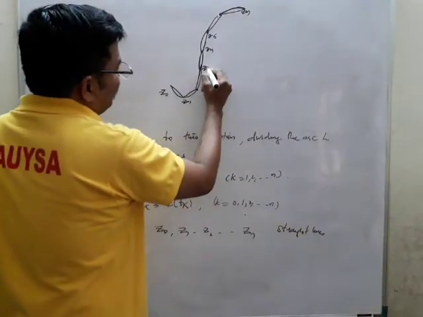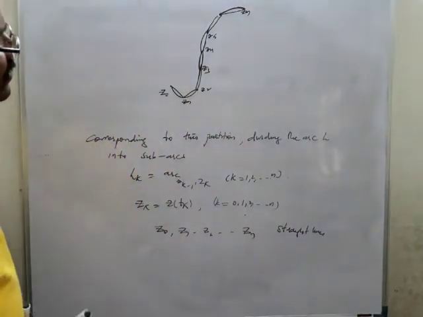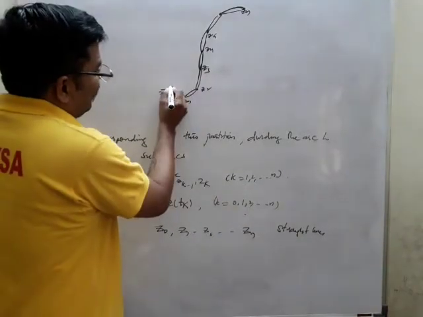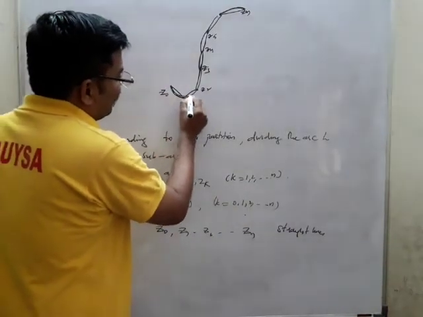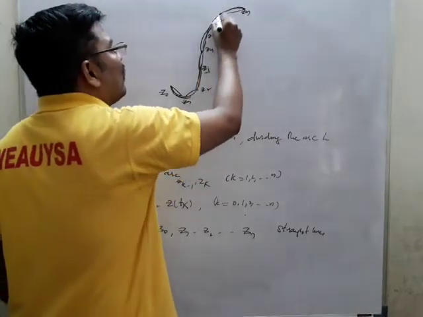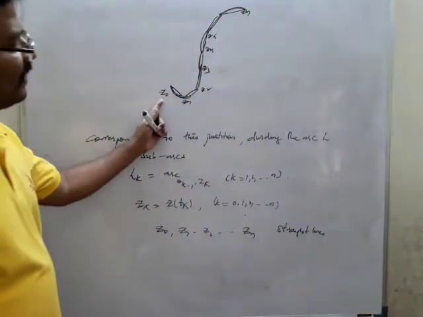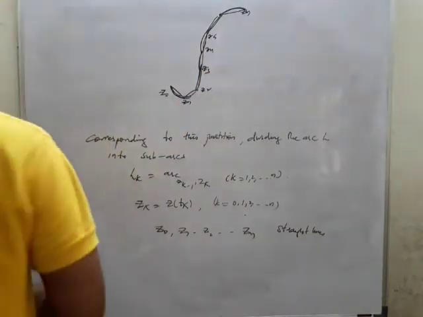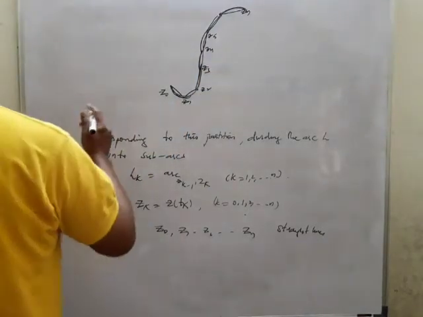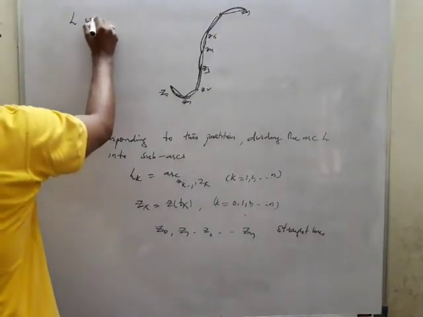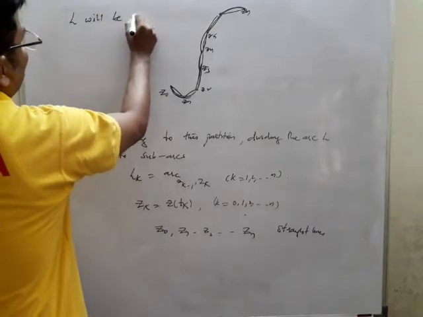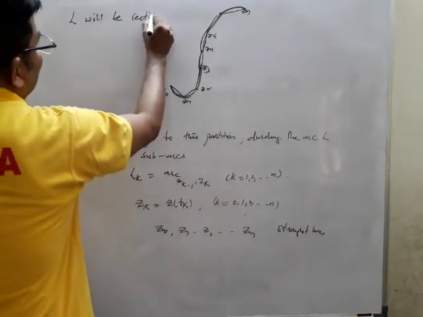This is something like Z3. Now these are the points through which you get the polygonal arc. We are going to join all those points Z0, Z1, Z2, Z3, Z4 and so on up to Zn. So this L will be rectifiable.